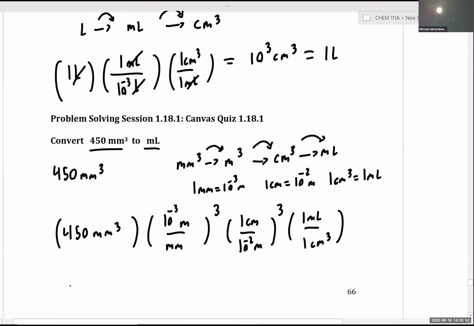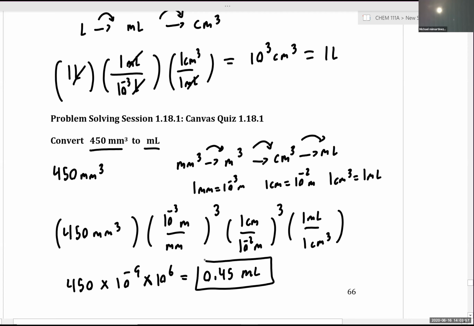And that in turn gives us 450 times 10 to the negative 9th times 10 to the 6th, which in turn gives us 0.450, which if we're writing following sig fig rules would be 0.45 milliliters.